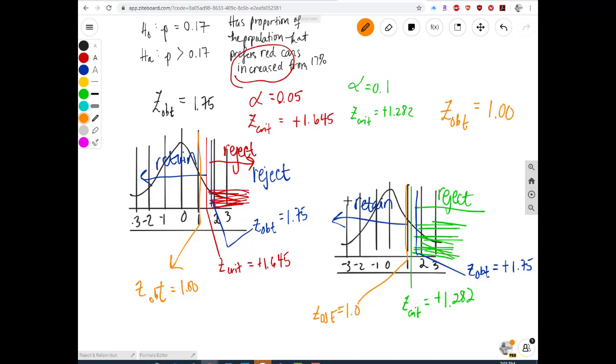It's important to note that in these situations where you reject, your p-value has to be less than your alpha. For a right one-tailed alpha, your z-crit is going to be less than your z obtained to reject, and your p-value is going to be less than your alpha to reject.